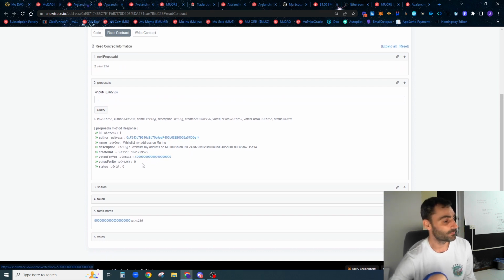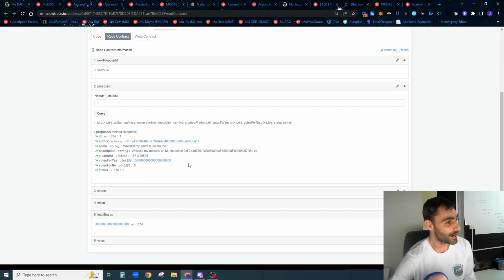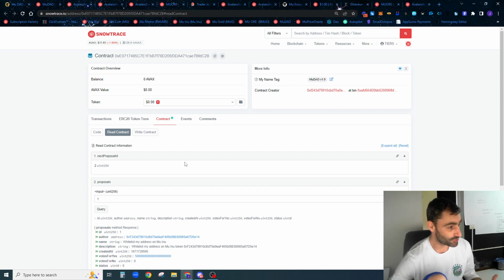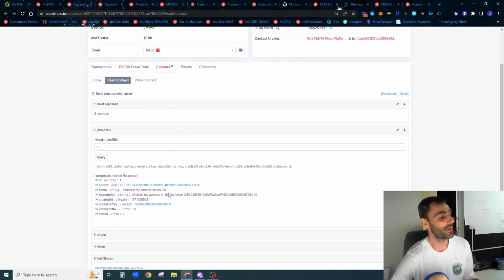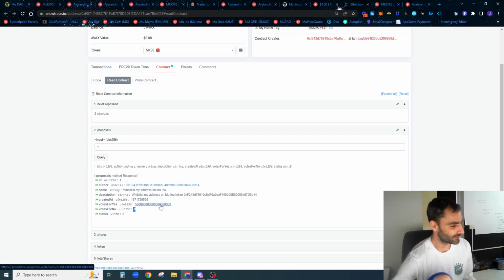So in order for this to be no, there would need to be 501 shares, so somebody or some bodies would need to deposit at least 501 mu into the actual DAO. It could be one person, or two, or three people, maybe 5 people deposit 100 mu and one person deposits 1, and then every single one of them votes for no. Then it would have 501 no votes and 500 yes votes.